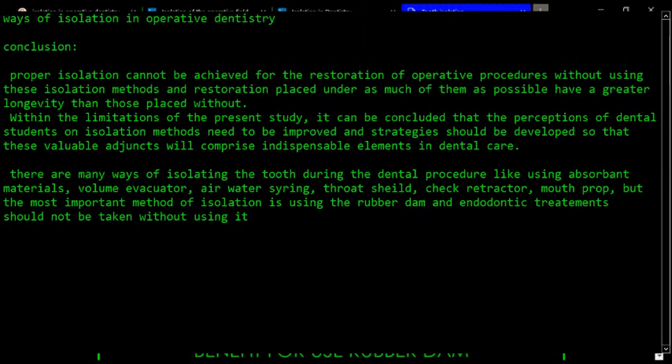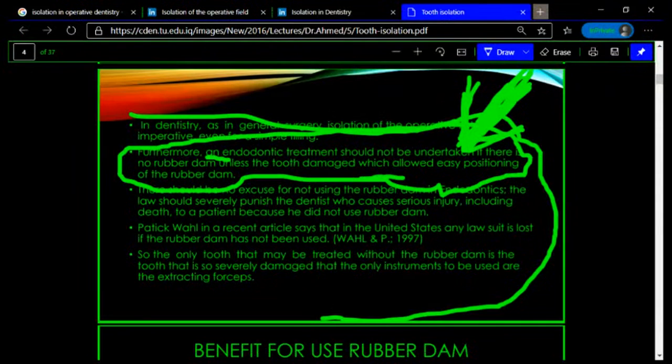Let's see if that was correct. Endodontic treatment should not be taken if there is no rubber dam unless the tooth is damaged. Yes, it was correct.